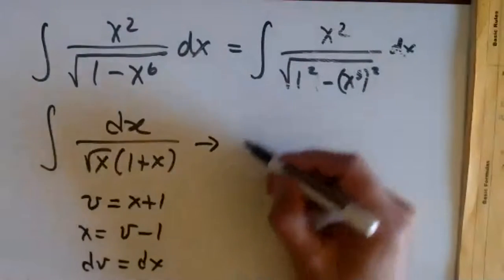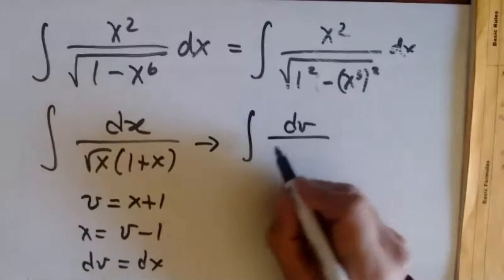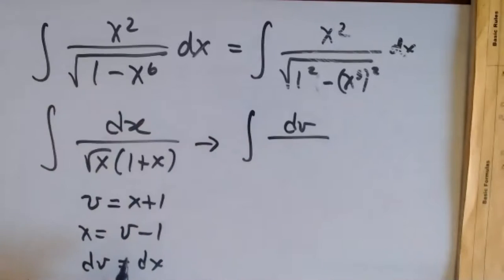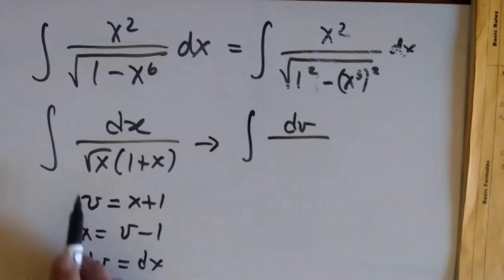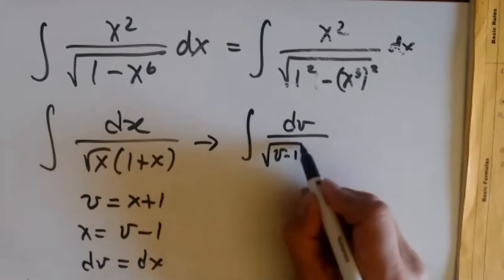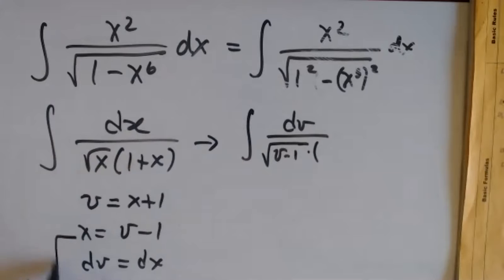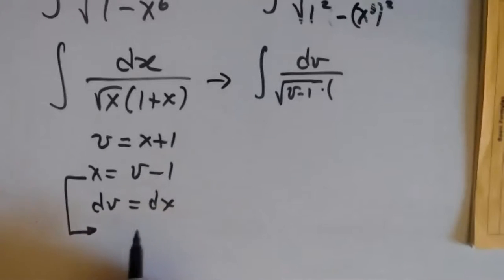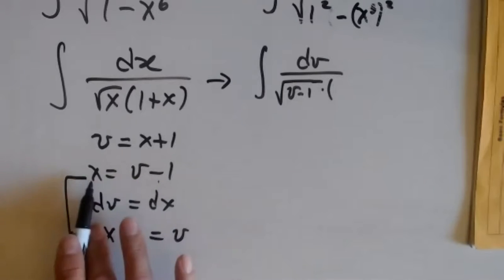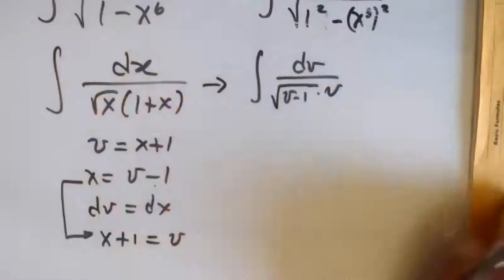You change the integral to the integral of dv over the square root of x, which is v minus 1, and then when you multiply by x plus 1, x plus 1 is v, so you have v, correct?